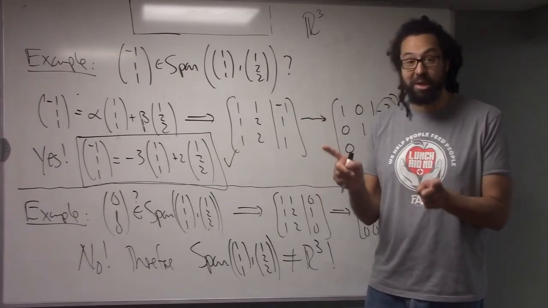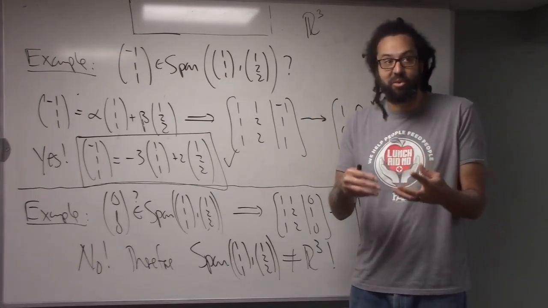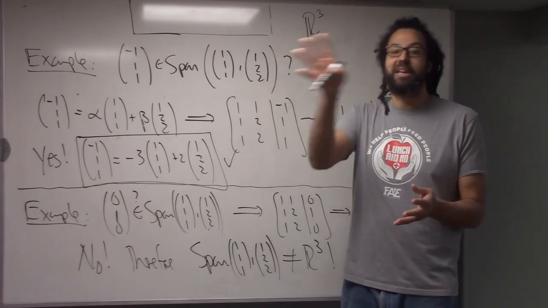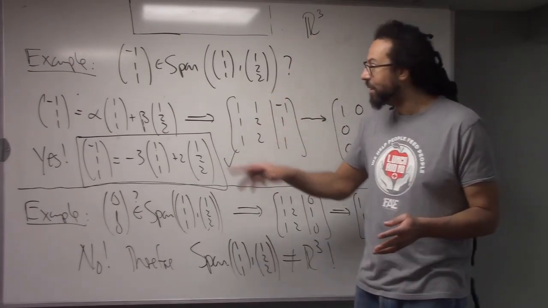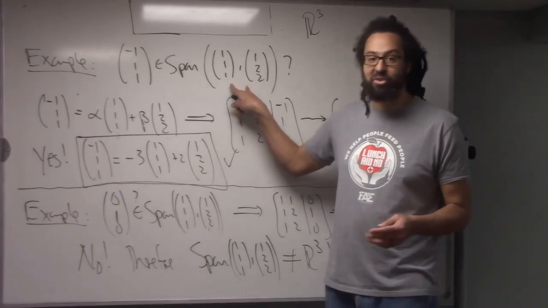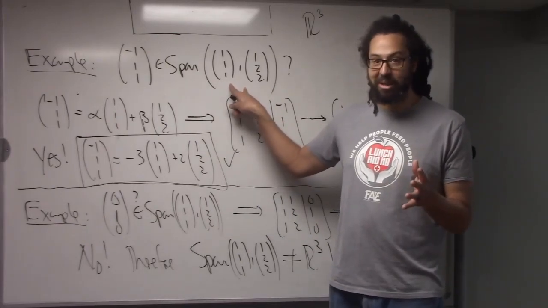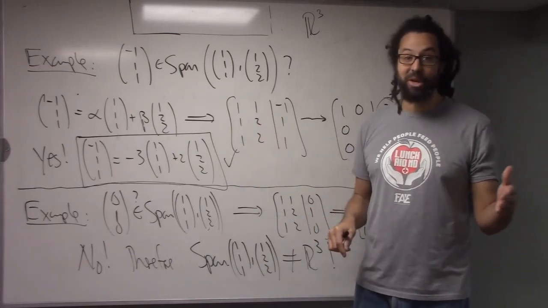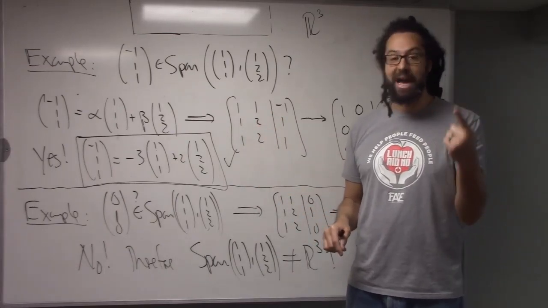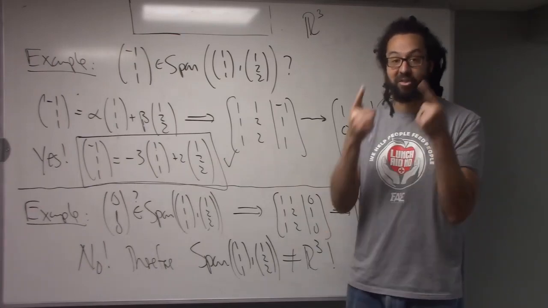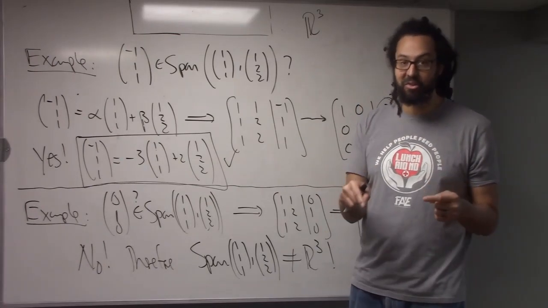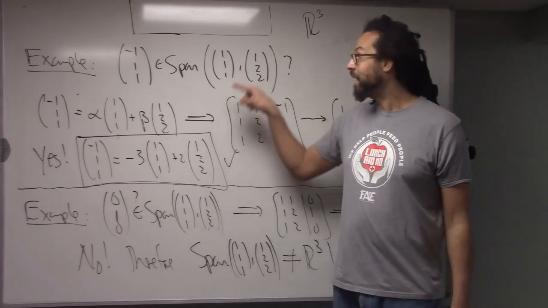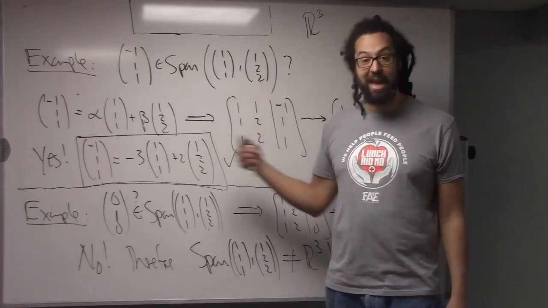So it takes 3 basis vectors, or 3 fundamental directions, to get to everywhere in R3. If you've only got 2 vectors, you should expect not to be able to get everywhere in R3. Just like before, when we only had 1 vector, we cannot get everywhere in R2. It takes 2 vectors to get everywhere in R2. It takes 3 vectors to get everywhere in R3. And if you've got less than 3, you can't get everywhere.